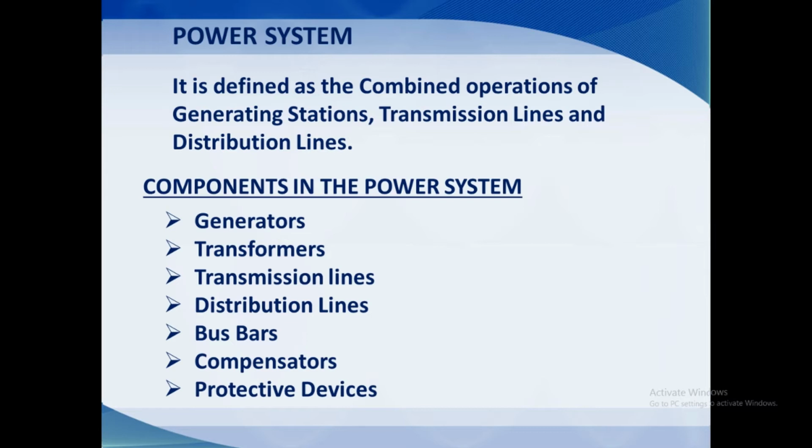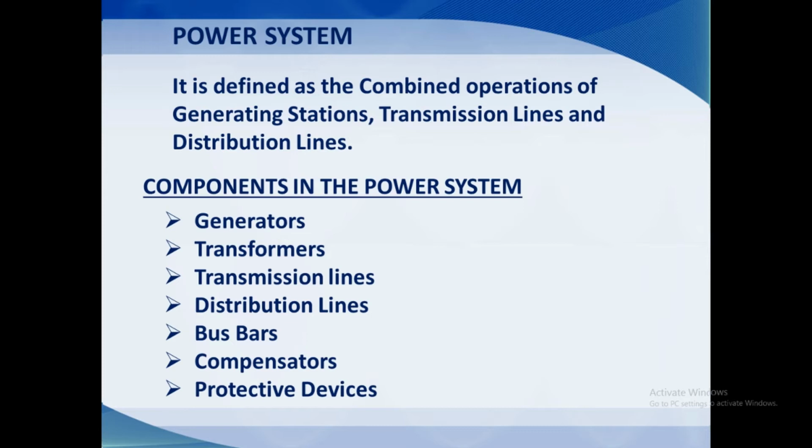Bus bars: here the incoming lines and the outgoing lines are taken from the bus bars. Here the voltage ratings are constant. Then compensators: many types of compensators are connected.